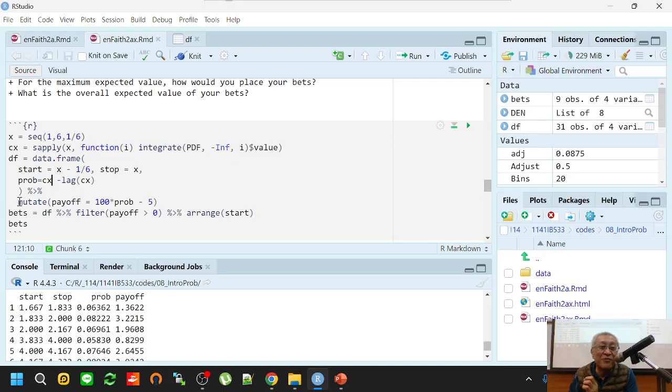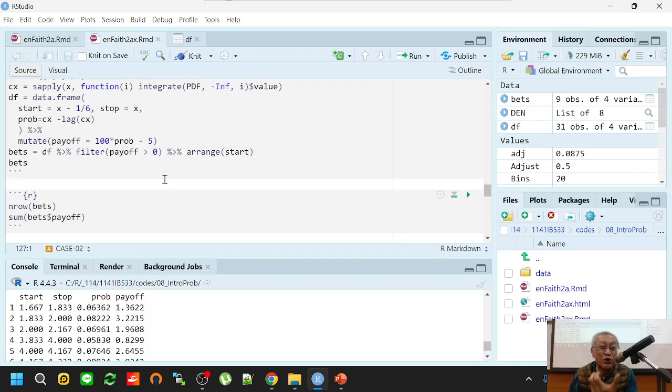And then with one line of code, we calculate the associated net expected profit.